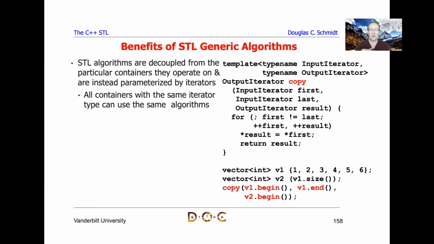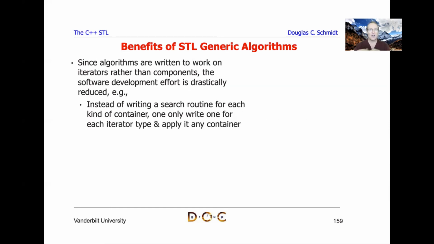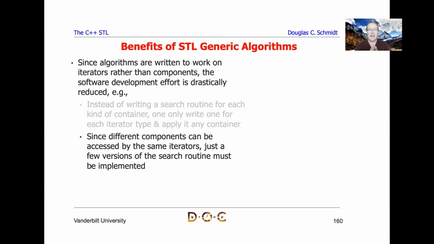And it's also trivially easy to have copy that works on a list or on an array and so on. And therefore, you don't have to keep rewriting these things over and over again. You just have to write it once and you can reuse it. And that basically helps to minimize the amount of code that you have to write. So you can write find or count or transform one time and then reuse it.